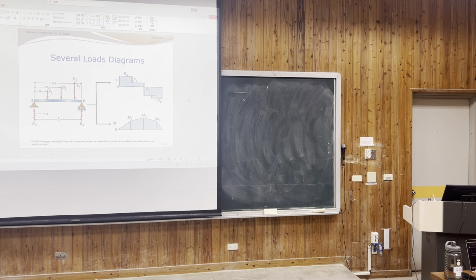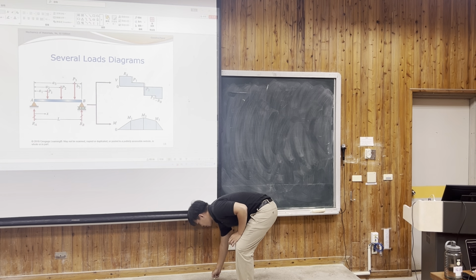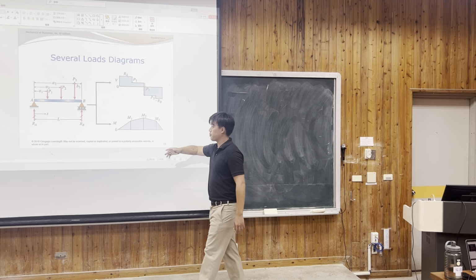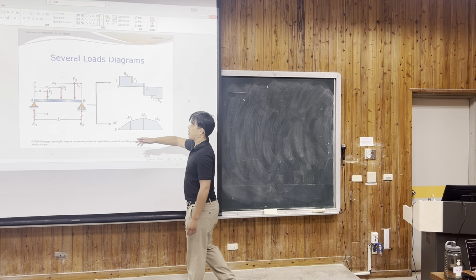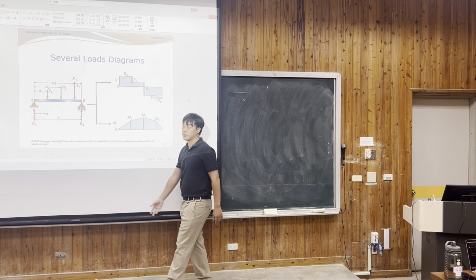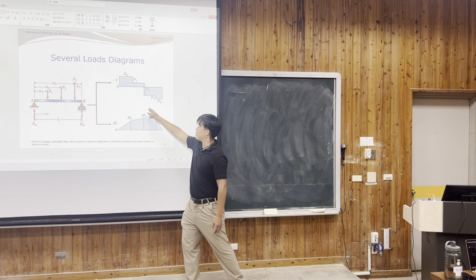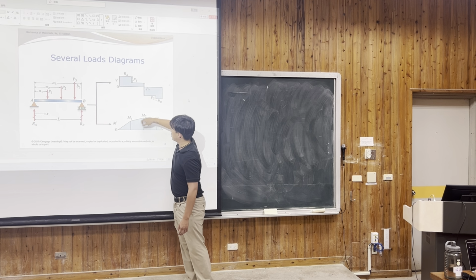I believe Professor Wu's way is to first calculate every moment and shear in every section, like in here and here, where the force or load changes. And you will get the moment and the shear in these places, right?